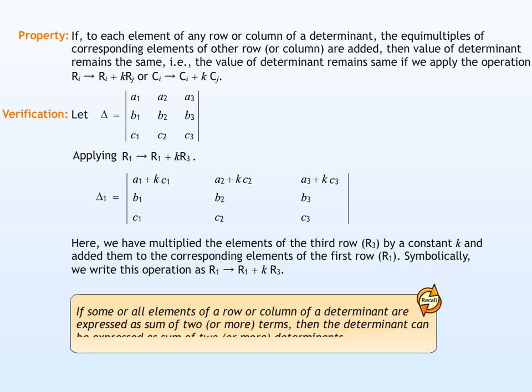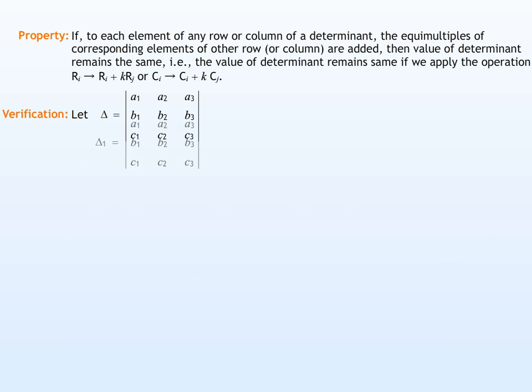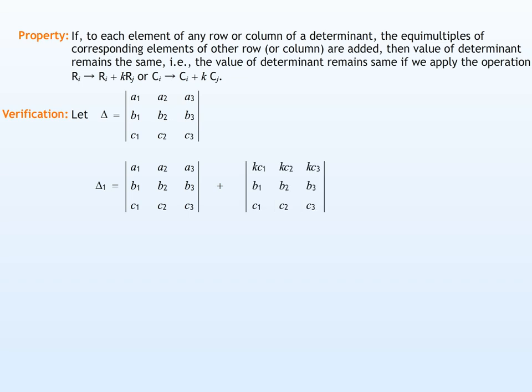Now, using the previous property, the given determinant can be expressed as the sum of 2 determinants. First determinant with row 1, A1, A2, A3, row 2, B1, B2, B3, row 3, C1, C2, C3, plus determinant 2 with row 1, kC1, kC2, kC3, and row 2, B1, B2, B3, row 3, C1, C2, C3.